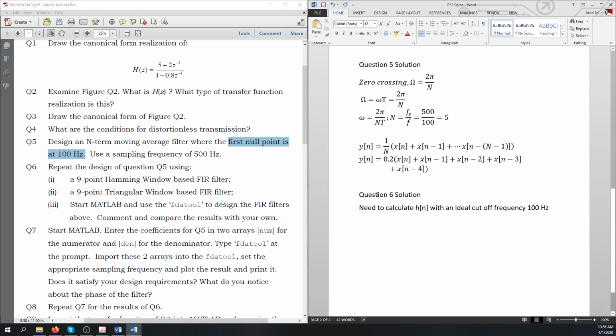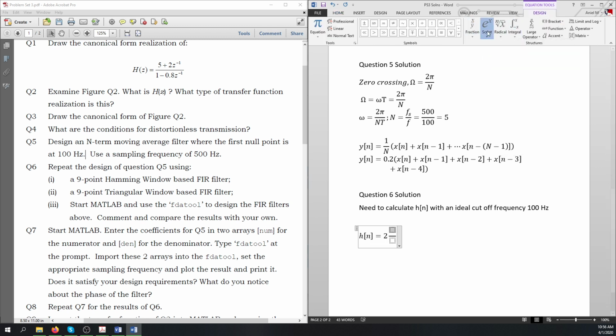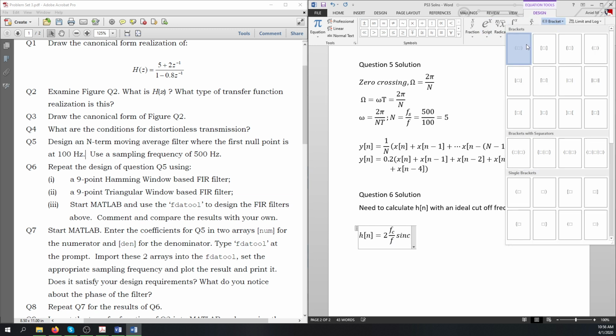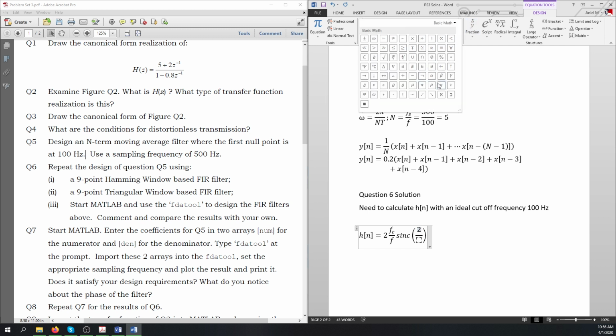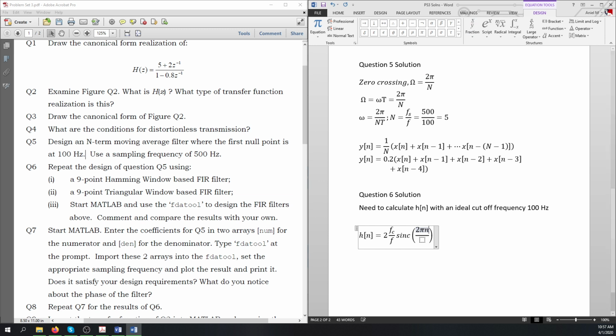In designing for h of n here for our Hamming window, and this is also from your lecture notes, h of n will follow the following equation that I've typed out here, which is going to be h of n is equal to 2 multiplied by fc divided by f sinc of, let me incorporate some nice brackets here, 2 pi n fc divided by f.